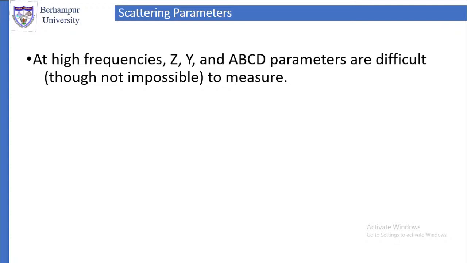Therefore, we have to resort to some other parameter which is easy to measure at high frequency. Instead of voltage and current, if you multiply them, that is power, and it is easy to measure power.